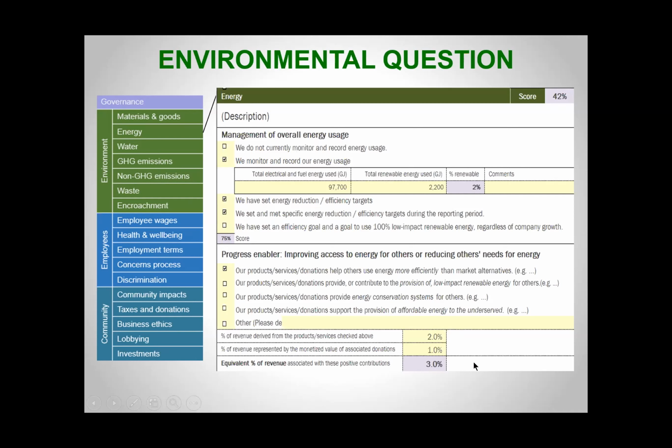And then this 3% is a bonus. So the score is made up of the 2% plus the 75% divided by 2 plus the 3% as a bonus. And that's how the score is done for the environmental one.